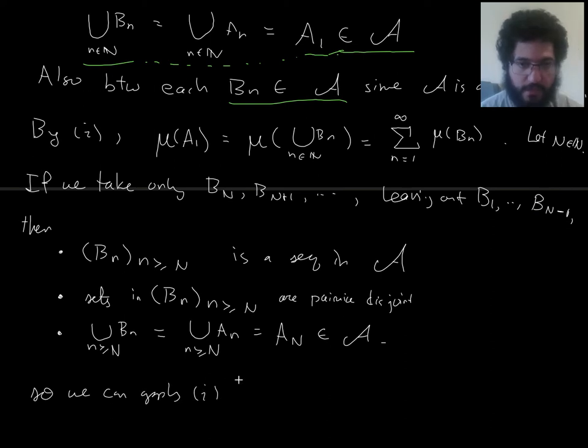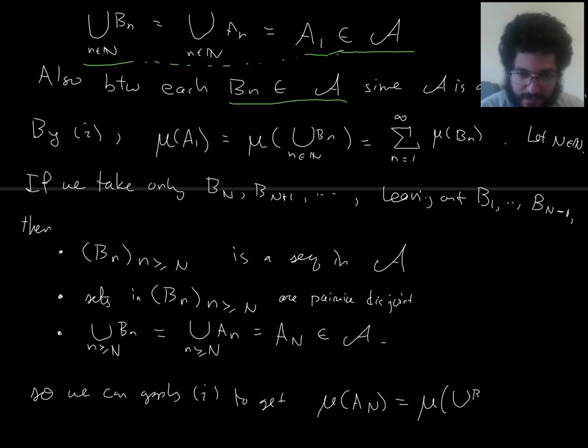So we can apply our assumption 1, countable additivity, in this more general setting to get mu of a sub capital N, for this arbitrary natural number N that we fixed, is mu of this union, in other words.